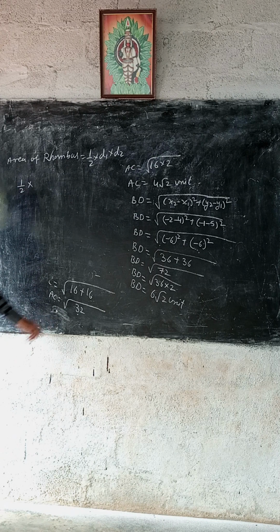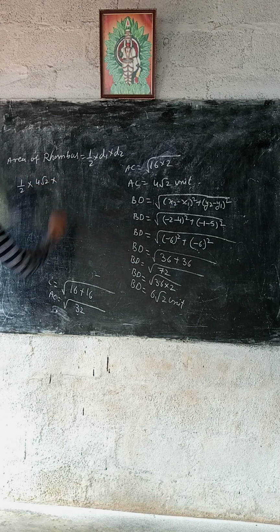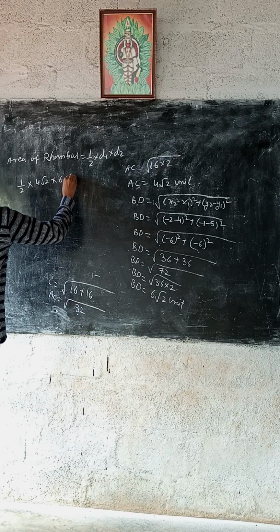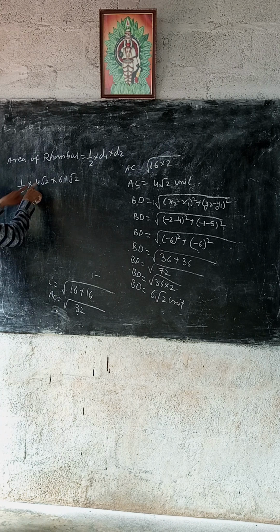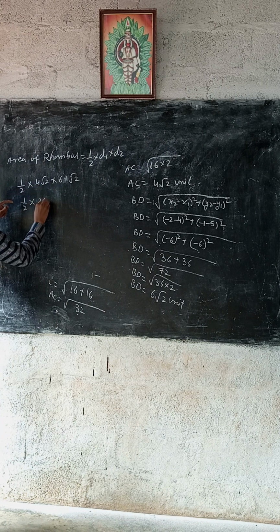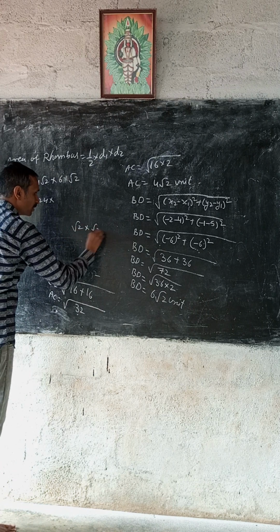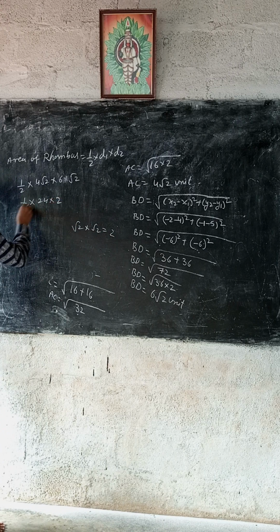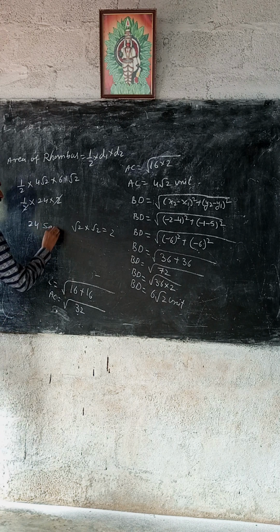Diagonal 1 we got is 4 root 2, and diagonal 2 is 6 root 2. Half into 4 into 6 is 24 into root 2 into root 2, which is 2. The 2 cancels, so we get 24. The area is always measured in square units.